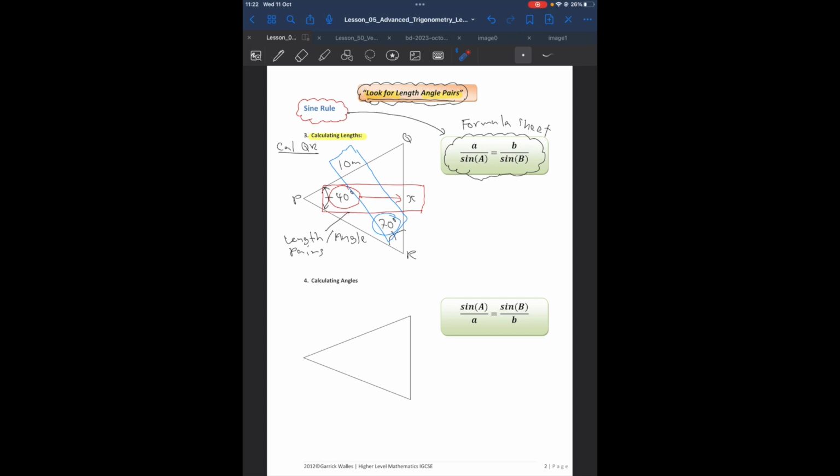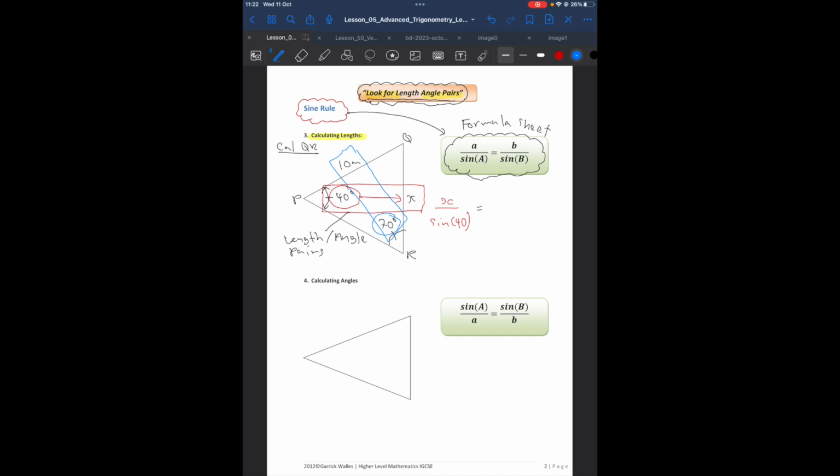So if we look at the length angle pairs in the diagram, and we apply them to this formula, we can write A over sine A. Well, A will be the x, so the x and the 40 degrees are one length angle pair. So we can write x over sine 40 is equal to the other length angle pair, which is the 10 meters and the 70 degrees.